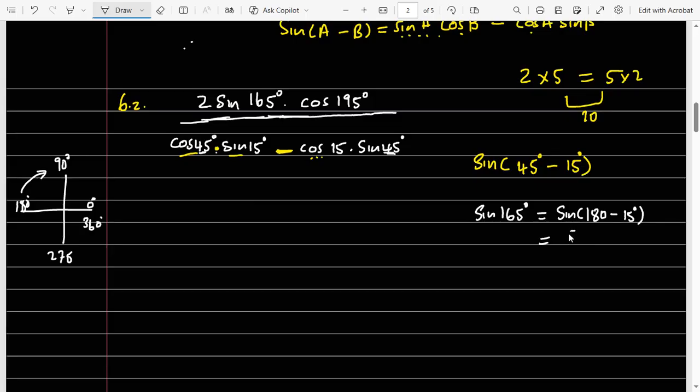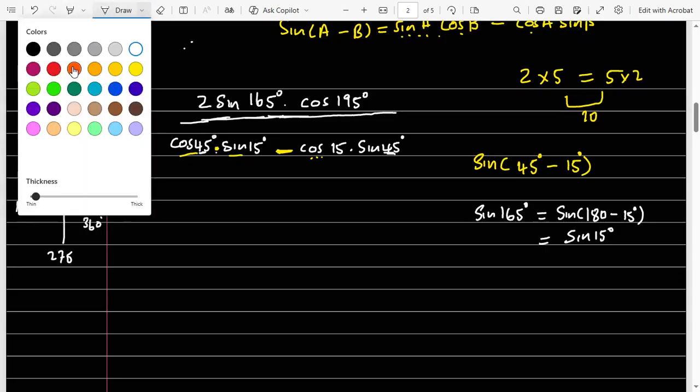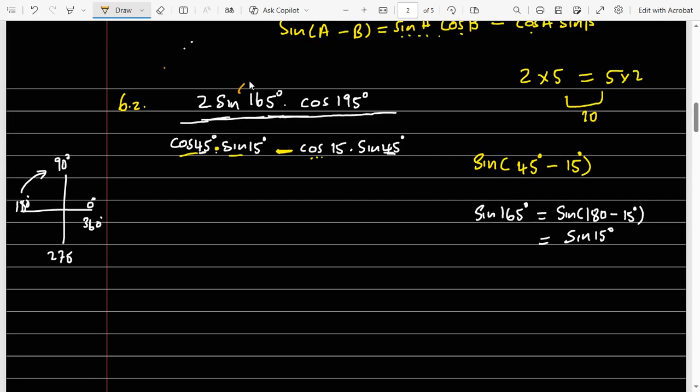Sine is positive. This changes into the sine of 15 degrees. So when we do the reduction formula, where there's this sine 165, I'm going to substitute that as sine 15. By writing sine 15, they'll definitely give you that mark.